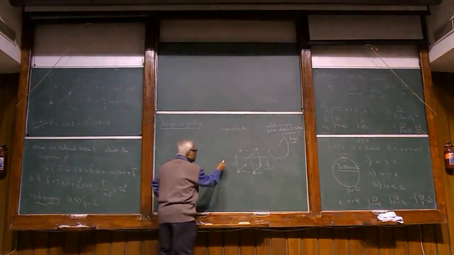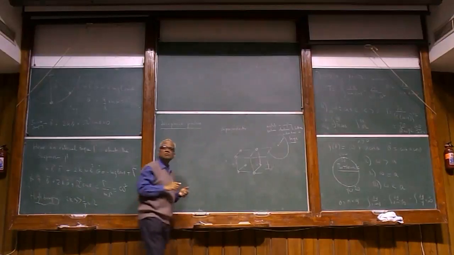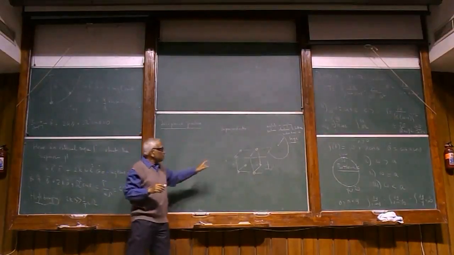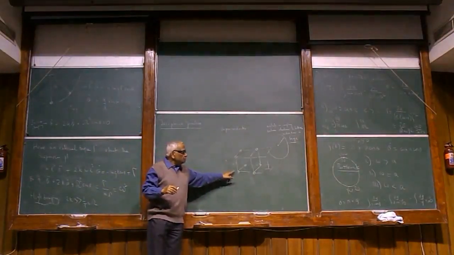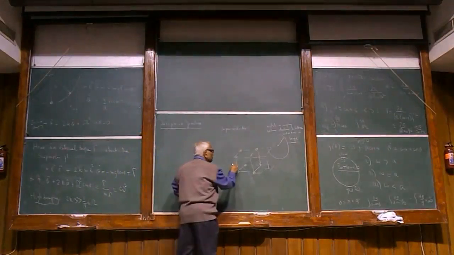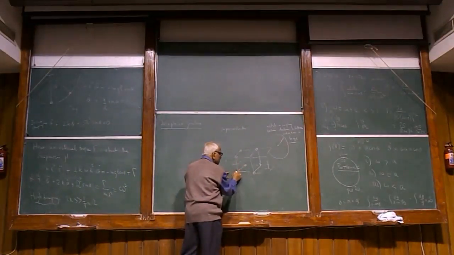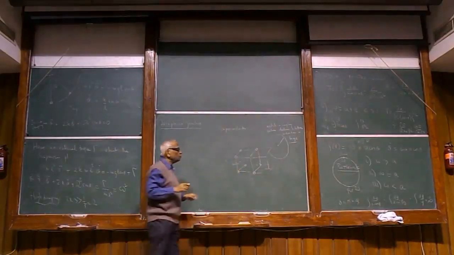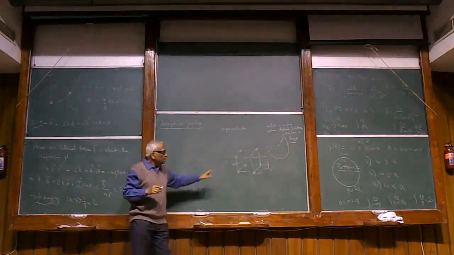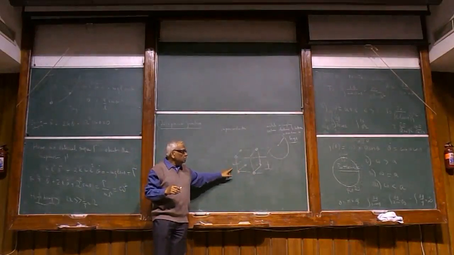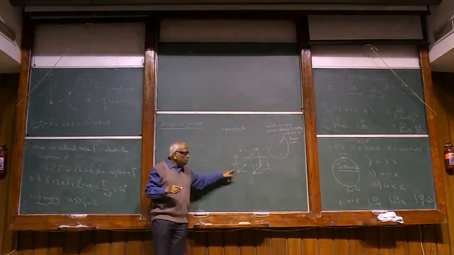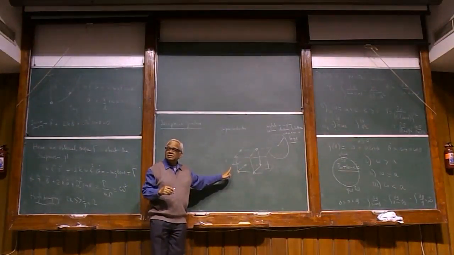Comes another electron, let's say, behind it. And now it sees this one has moved away and distorted the lattice a little bit and comes over here. And this electron now is going to see a distorted lattice.